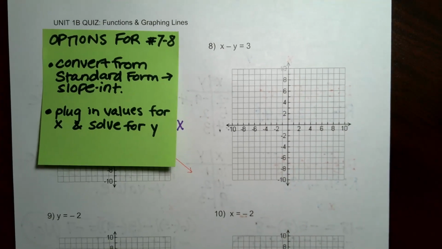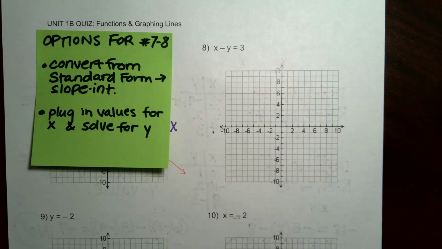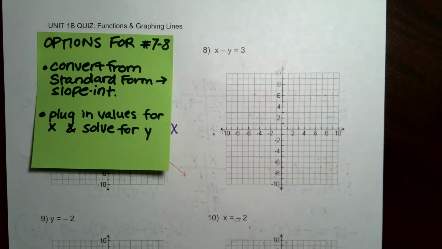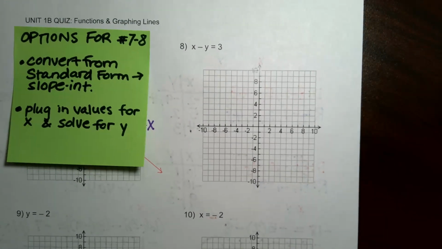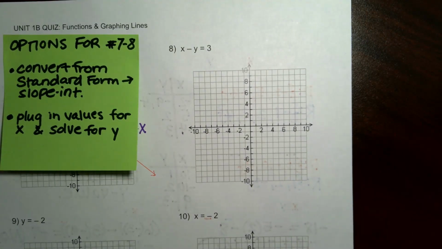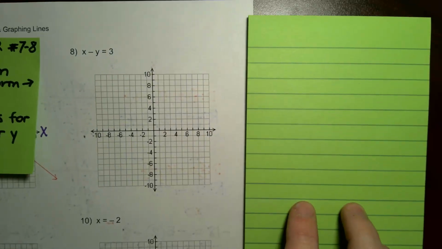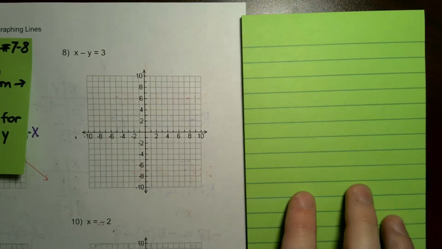Or if that process is too confusing for you, you can absolutely plug in a value for x, solve for y, and plot those coordinates. So we're going to do both ways for number 8.